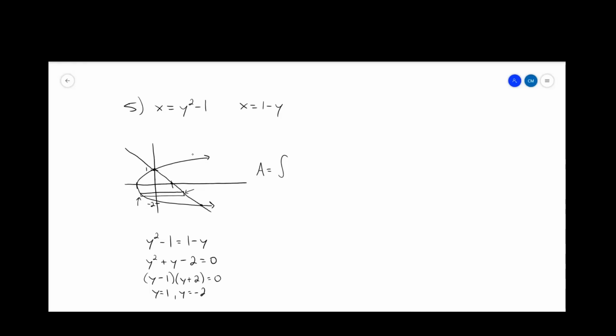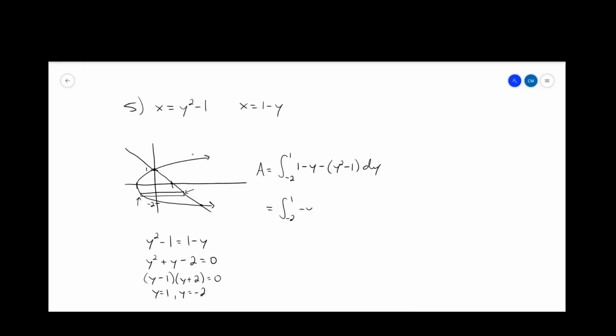So our integral here is going to be: lower bound now is the y value of negative 2, and the y value of positive 1 is the upper bound. And then as we said, the function that is further to the right is the bigger function, so that one goes first. So 1 minus y minus the smaller function, which is the quadratic one in this case, y squared minus 1. And then we'll simplify this.